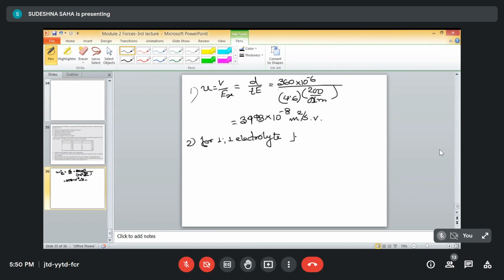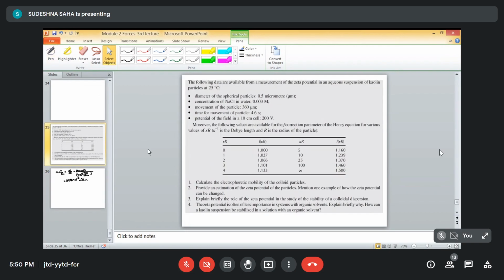K inverse is given as 0.304 divided by the square root of the concentration; the equation will be given to you. Okay, now here the concentration of NaCl is 0.003 molar.